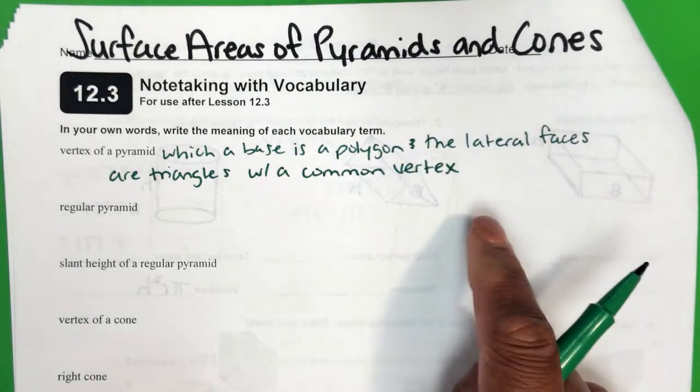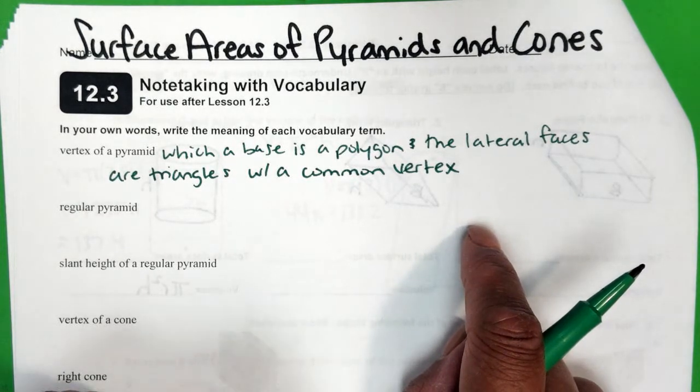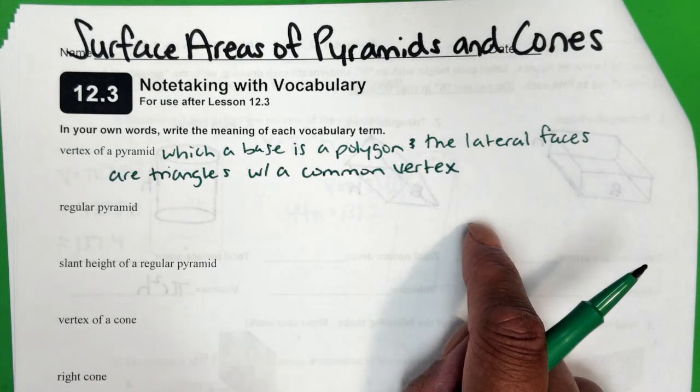So the lateral faces are always going to be triangles and they always go to a single point. To know what's a pyramid and a prism: a prism has two bases while a pyramid only has one.